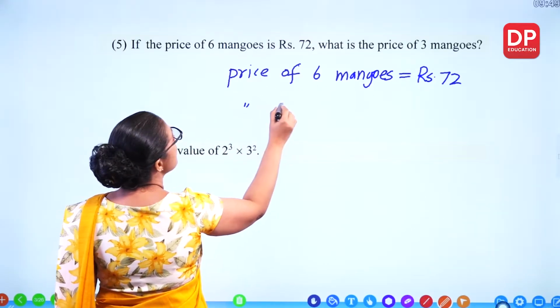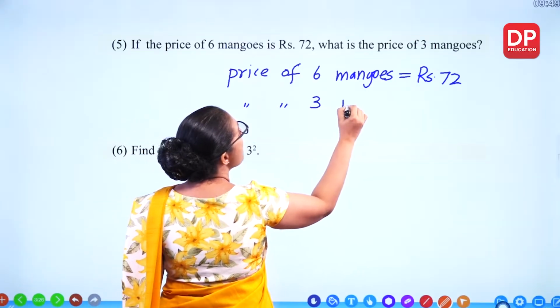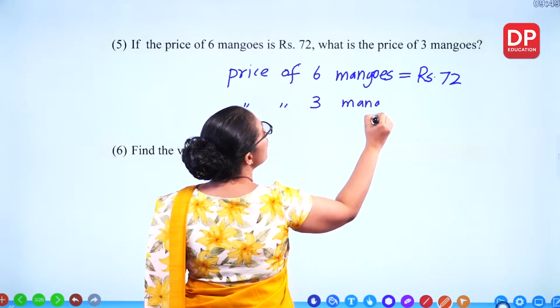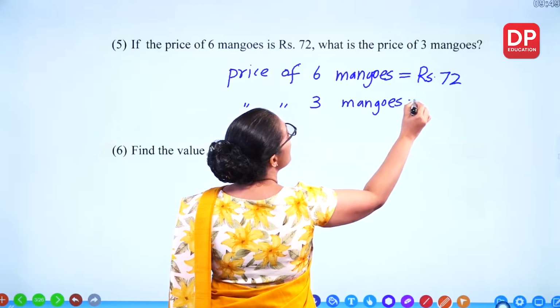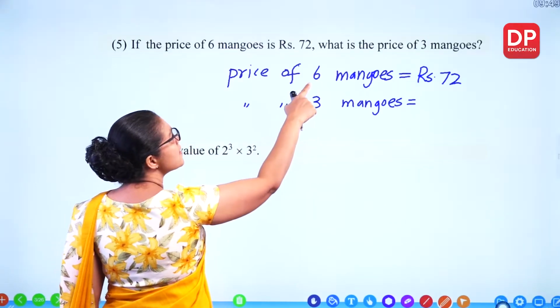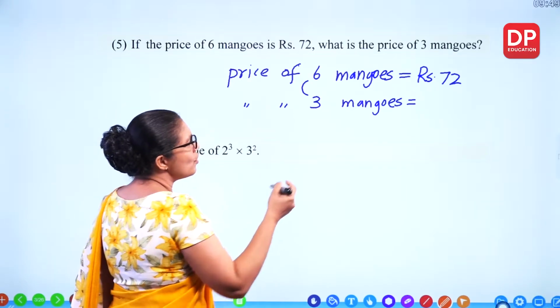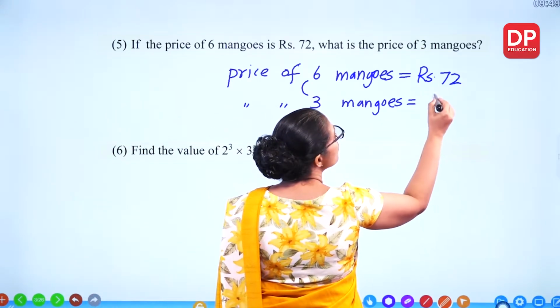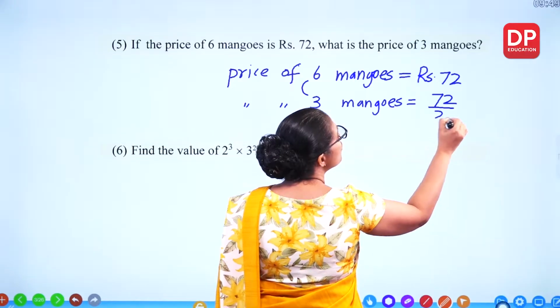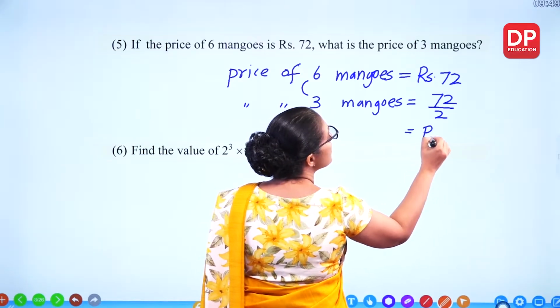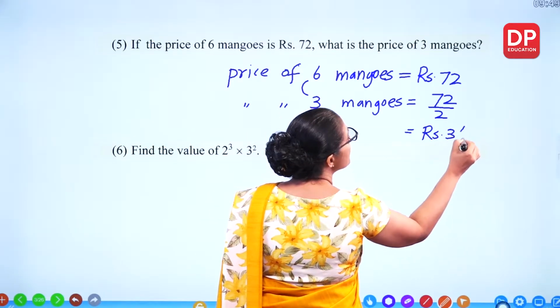Now they are asking the price of 3 mangoes. Now look at this one. How do you get 3 from 6? Divided by 2. So you have to divide this by 2. So 72 divided by 2, you get 36 rupees.